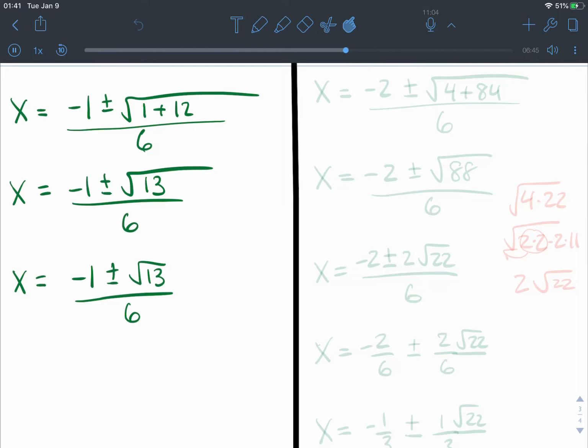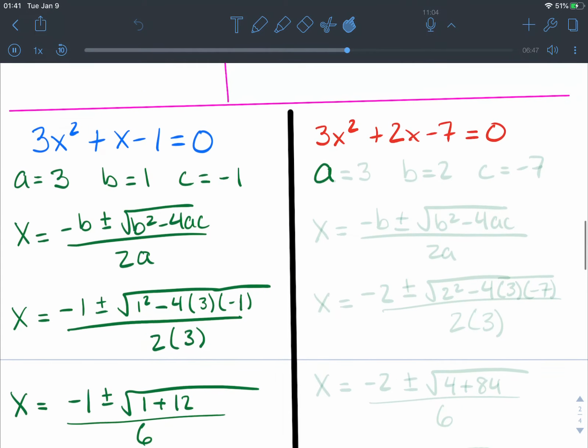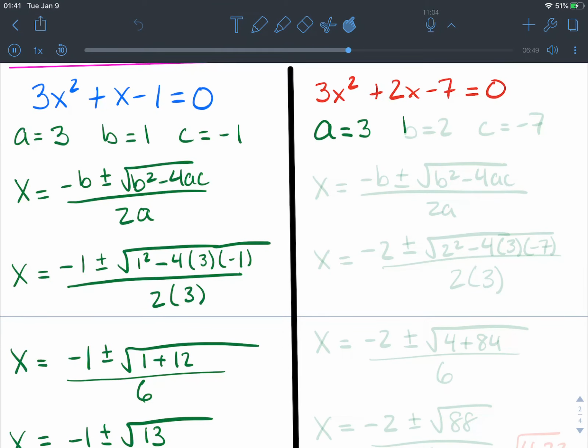For the next problem, we'll start off with our a and our b and our c. And the first thing I always do is write the formula out. x equals -b plus or minus the square root of b squared minus 4ac all over 2a.